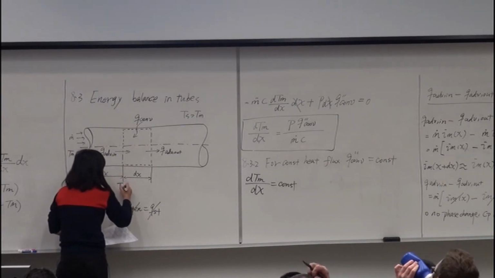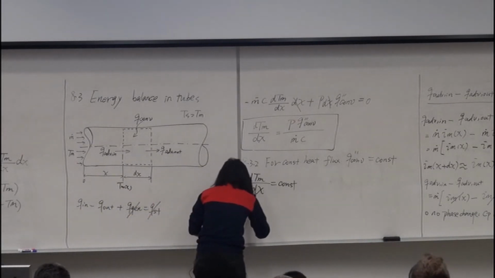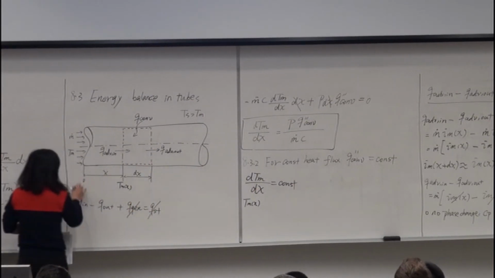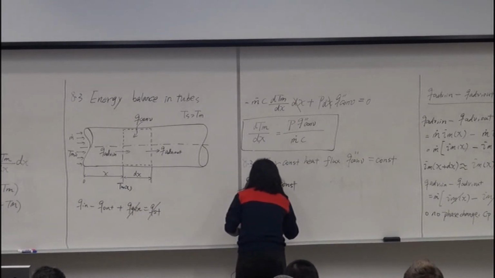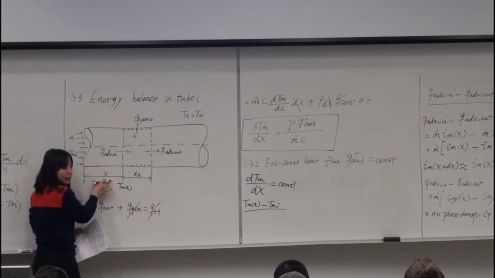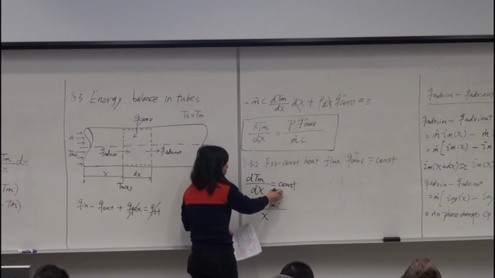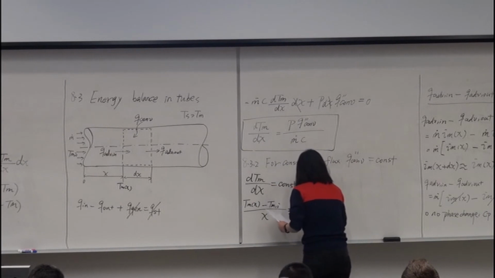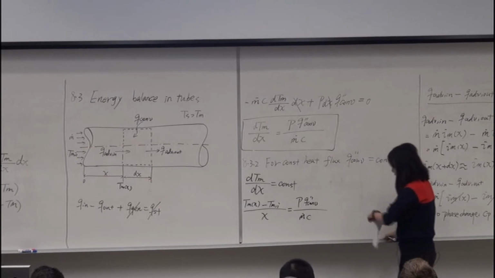If we consider the mean temperature at the location of x, minus the mean temperature at the inlet, over the length where it varies, that's x. It always has the same constant slope, as the ratio of perimeter times convective heat flux over mass flow rate and specific heat.